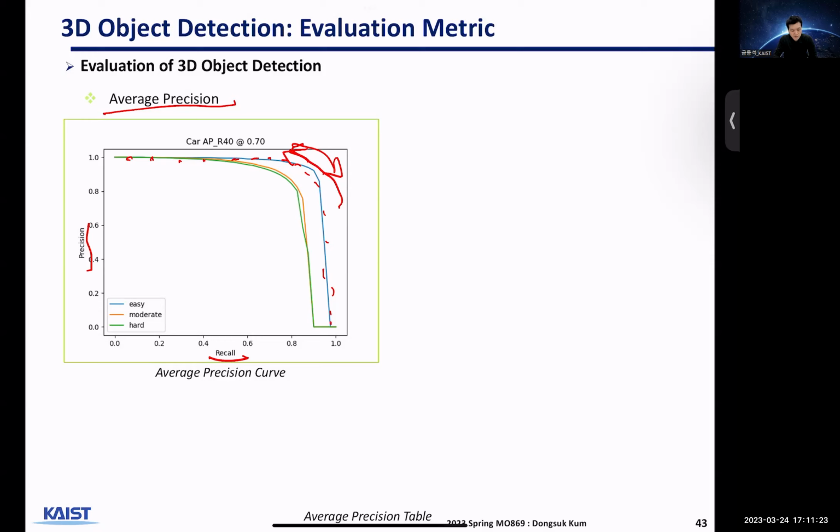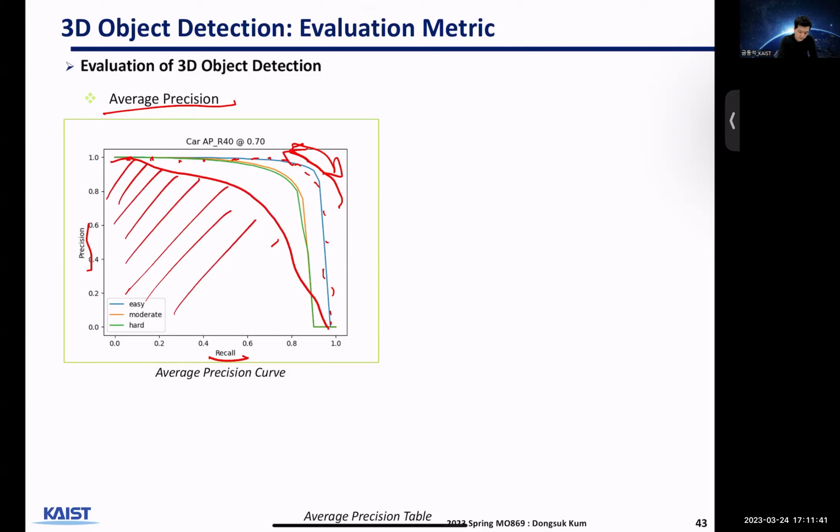You may have a model predictor that may have this type of precision recall curve. And the idea here is let's compute the area under this curve. Then that's going to be average precision, okay?